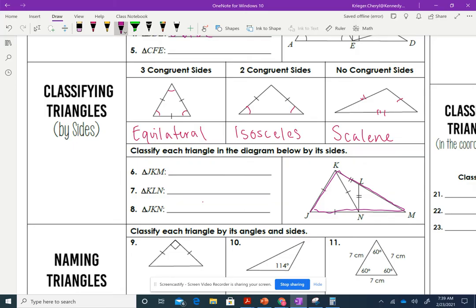And we have no sides that are the same length, so JKM is scalene. All right. And number 8, JKN, well, that one's pretty easy. We see there's one marking to indicate that all 3 sides are the same. So if all 3 sides are the same, it's equilateral.